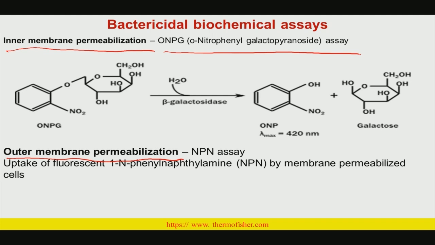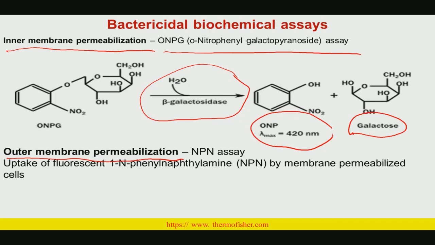As described in this slide, ONPG is a biochemical that is added into the bacterial growth medium. You have a beta galactosidase, and ONPG reacts with this beta galactosidase, and then you get ONP, which can be detected at 420 nanometer wavelength, and the other product is galactose.